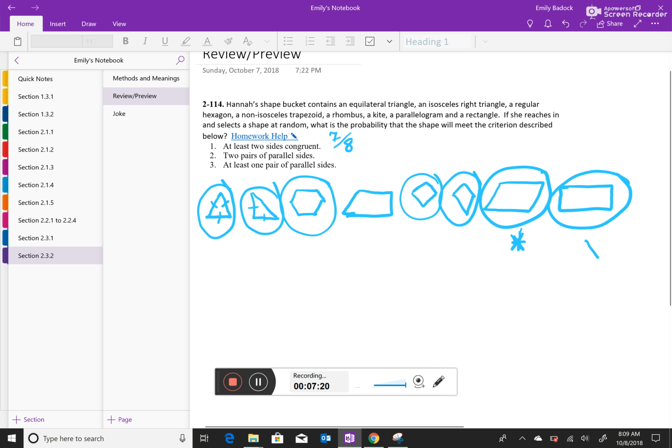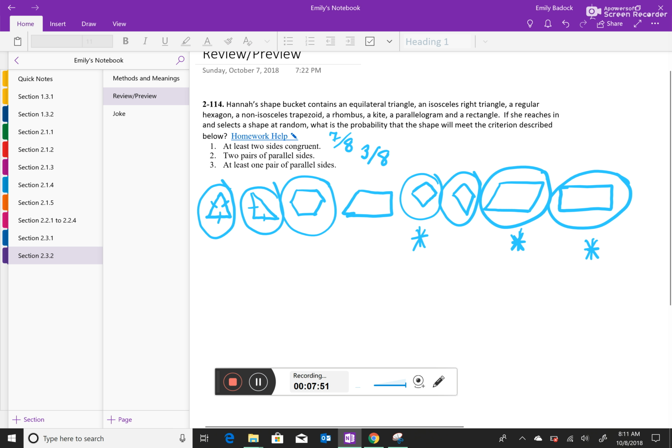We know that the rectangle has 2 pairs of parallel sides. And the rhombus has 2 pairs of parallel sides. If you guys still struggle with that, go to that shape toolkit I gave you. I think it was on purple paper. Go back and review which ones are parallel and which have congruent sides and everything. So this is going to be 3 out of 8.